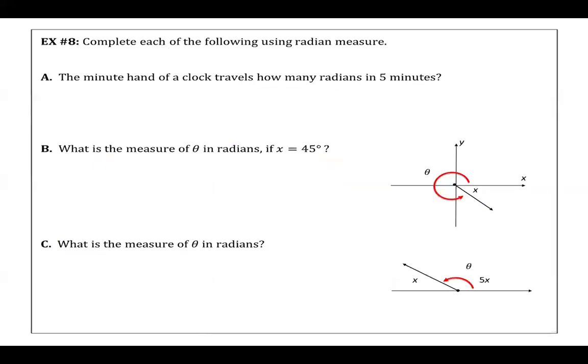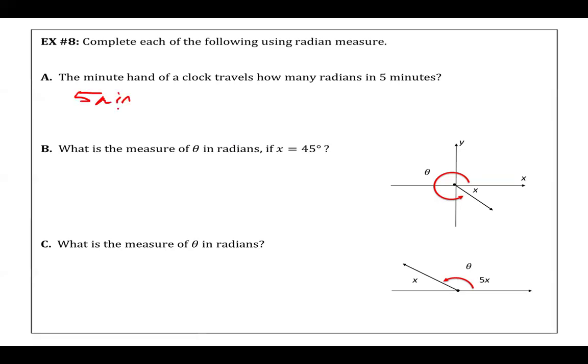All right. So how does this relate into things that we see on a daily basis? Well, think about the hand on the clock, right? The minute hand on the clock travels how many radians in 5 minutes? In 5 minutes. So let's think about it. At 5 minutes, I'm what out of how many total minutes? Out of 60.